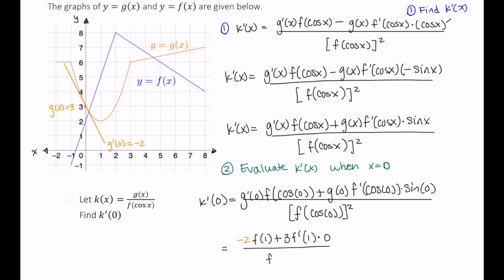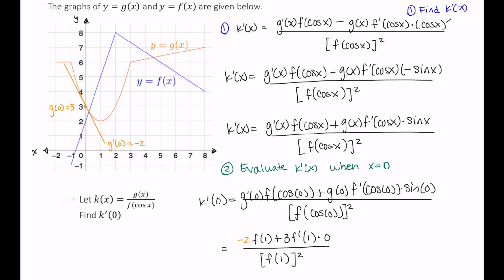Divided by f of 1 quantity squared. So again, we don't have to find the derivative of f when x is equal to 1 because we're multiplying by 0. And I said again, for those of you following along, this is the second of 2 videos, and this occurred in the previous video.